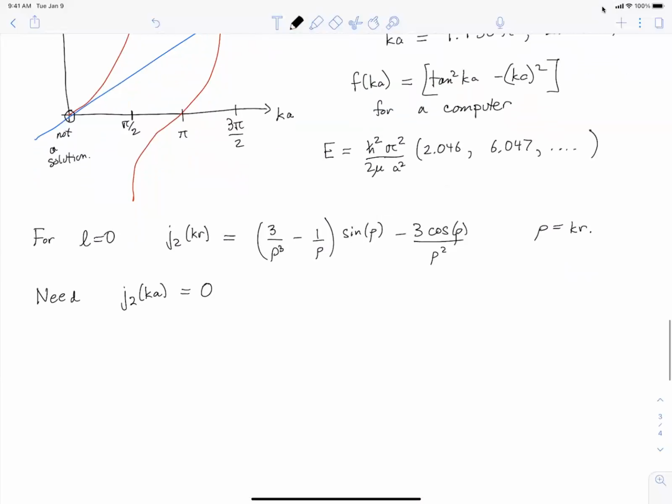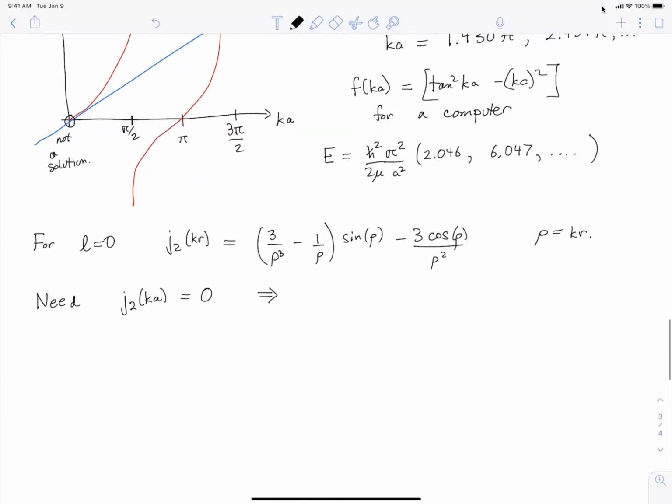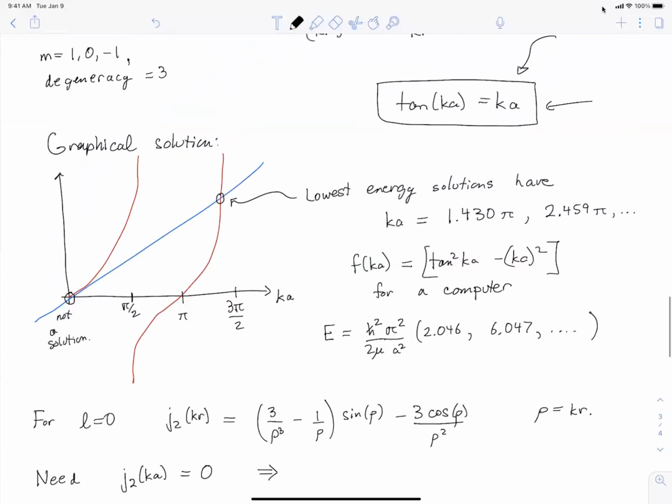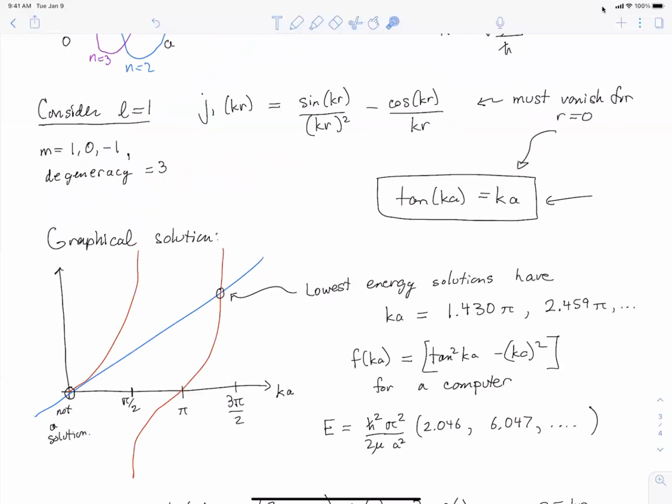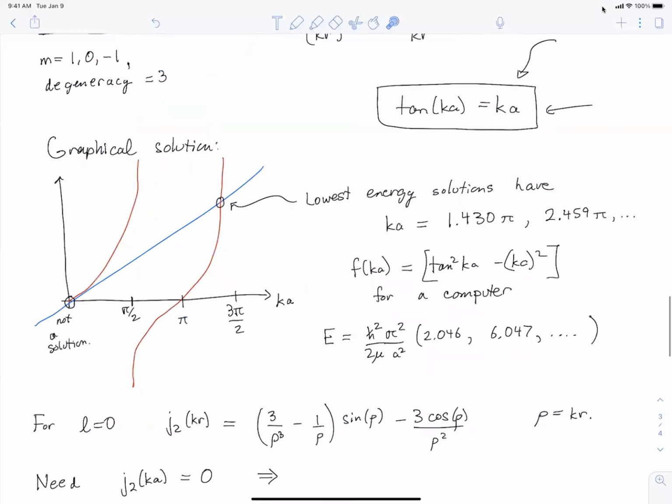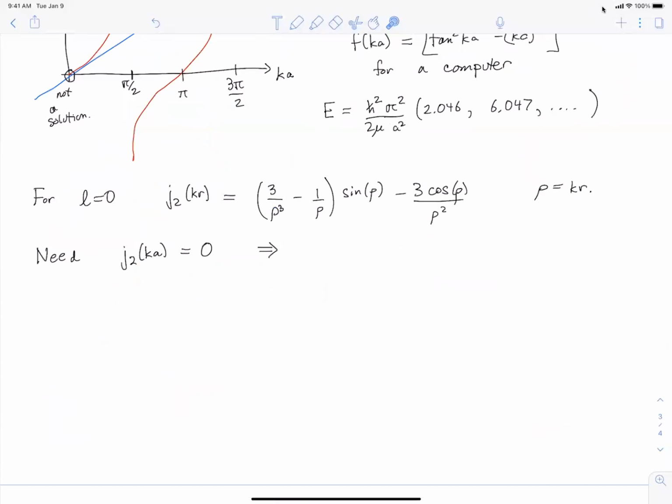So actually this can be done, it's not too hard to do it without a computer, because instead of the equation, going back up here, instead of this equation, tangent ka equals ka, it turns out this one gives you tangent ka equals ka multiplied or divided by 1 minus ka squared over 3.